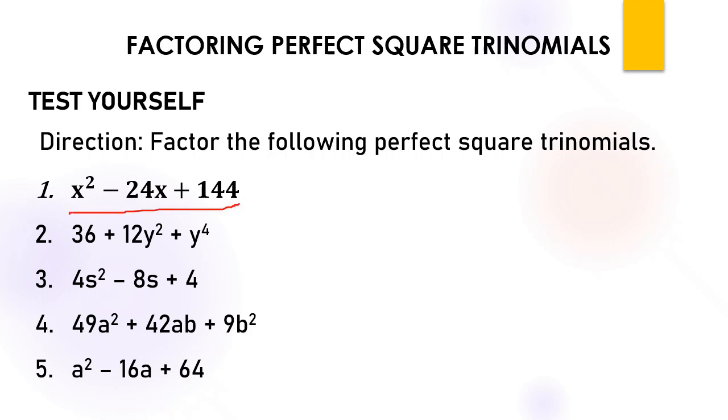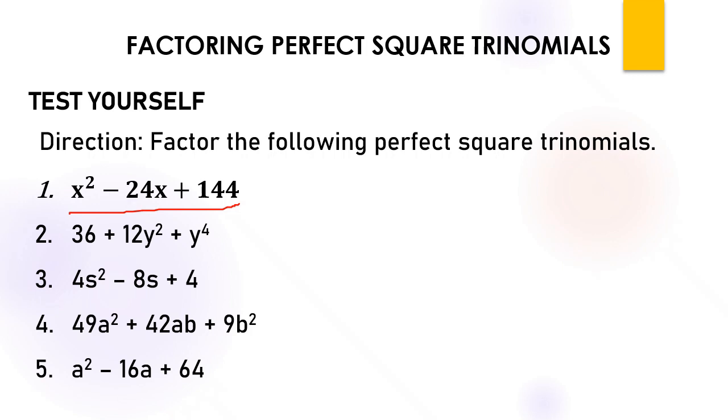By looking at the expression, x squared is a perfect square term and 144 is also a perfect square number. x squared is the square of x and 144 is the square of 12. So therefore, our a here is x and our b is 12.